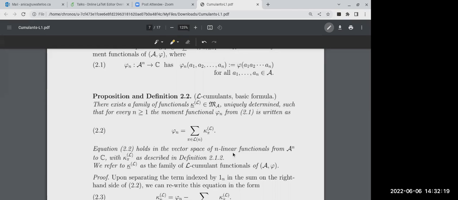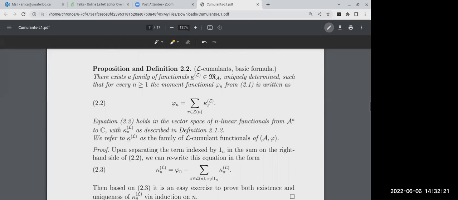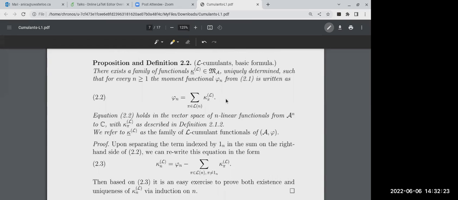This is the basic moment cumulant formula.